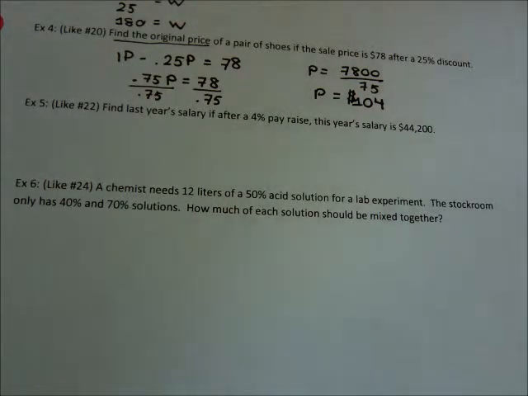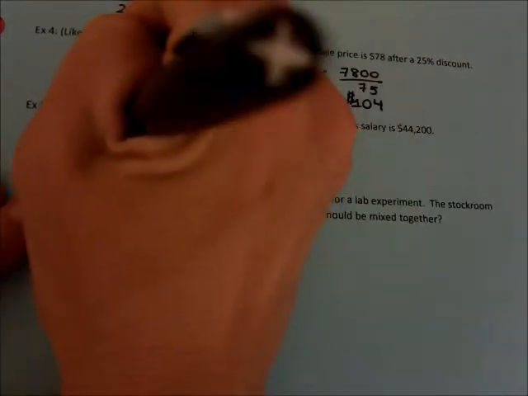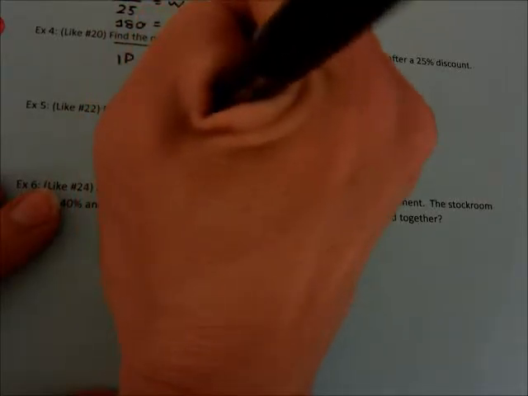Okay, so same thing on number 5. It says last year's salary, but there was a raise. So instead of discounting, taking away, we are going to add on the raise. And now the new salary is $44,200. So I'm going to use S for salary. So we take last year's salary and we add to it the 0.04 raise.